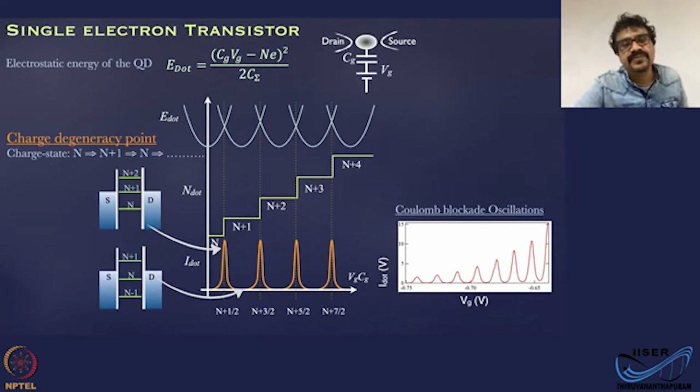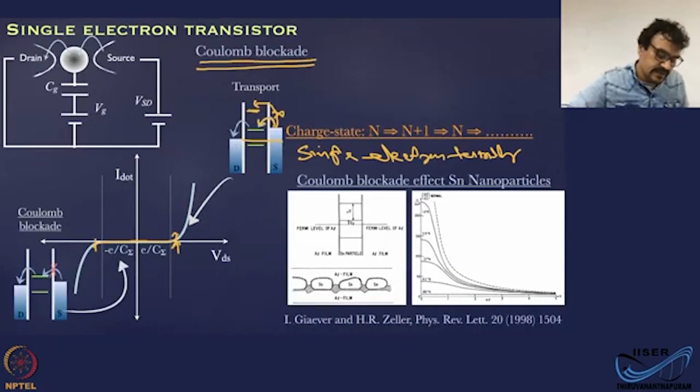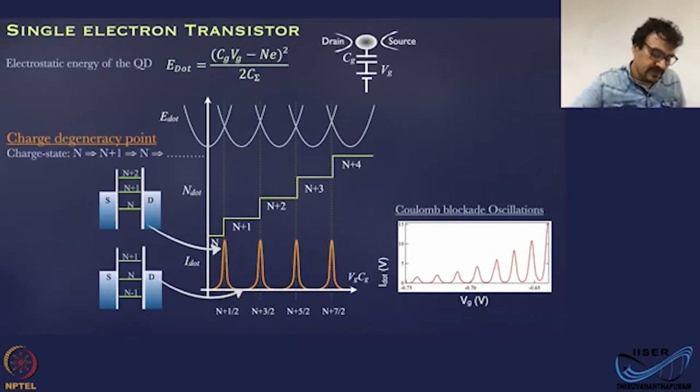Now, the current through this device, we just looked at as a function of source-drain bias here. But we have not really discussed the effect of the gate on this current through the device. So let's look at this total energy versus gate voltage diagram.